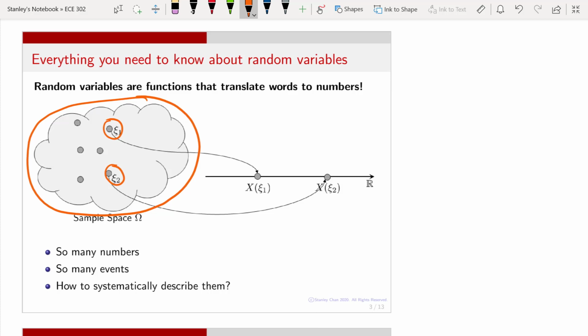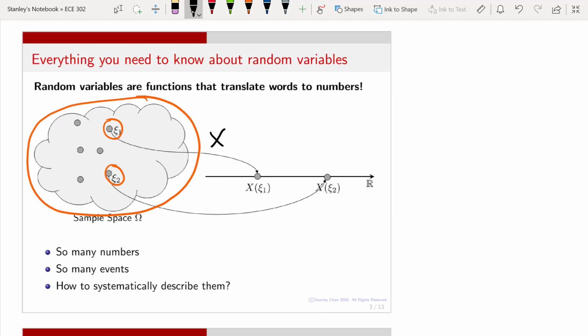These outcomes, or if you look at the subsets, they are the events, they will be mapped to numbers on this real line. And this mapping is called X. And this is what we call the random variable. So the random variable is a mapping that maps an outcome to a number.